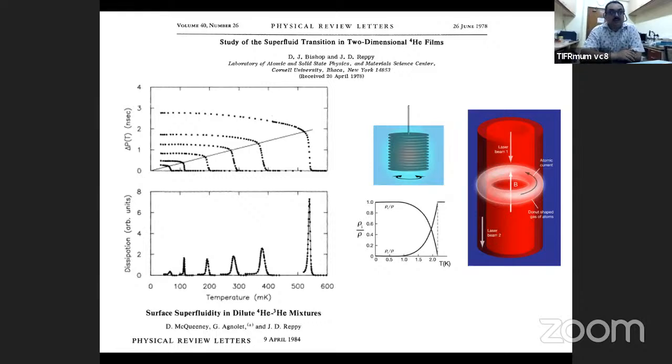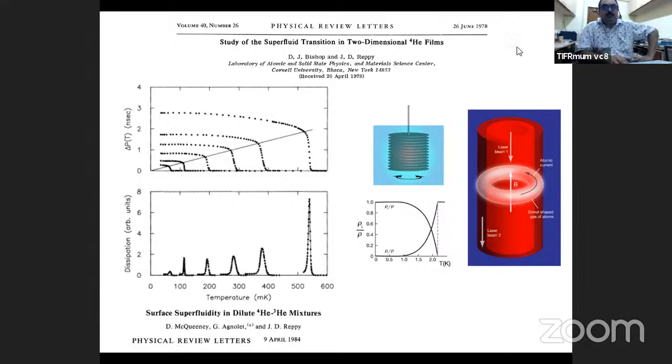From this change in the resonance frequency or the time period, you can correlate and find out the superfluid density. And this is for a three-dimensional superfluid. This will not have a Kosterlitz-Thouless transition.